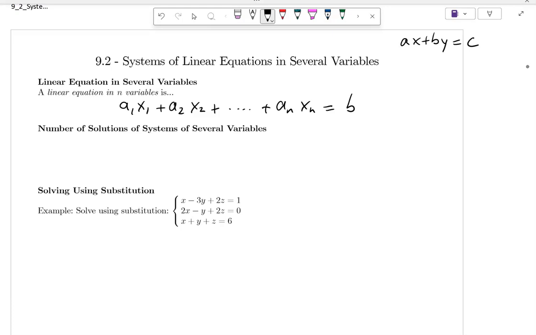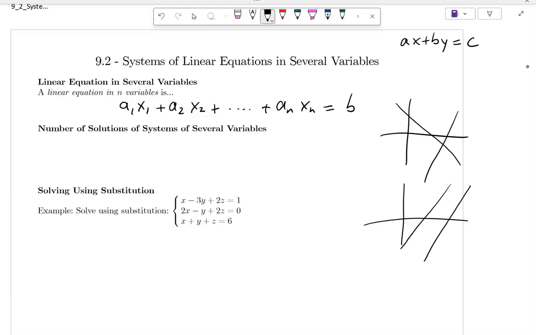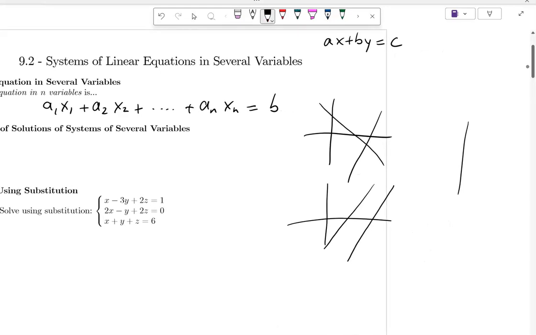Remember the pictures that were on that previous one where you had intersecting lines, right? That was 1 solution. Or you had parallel lines. That was no solution. Or both equations gave you the same line, right? They just land on top of each other and you got infinitely many, right?